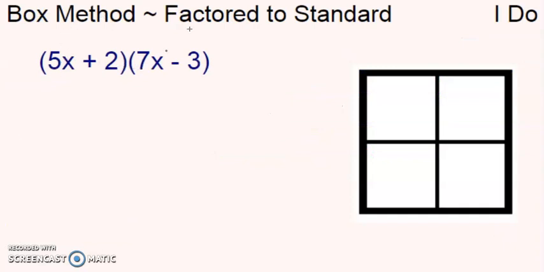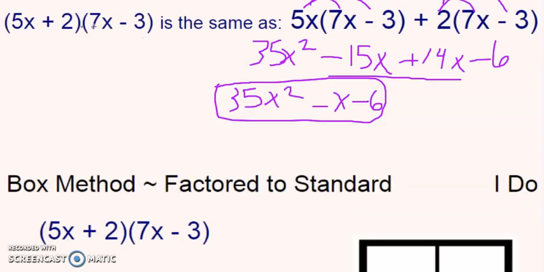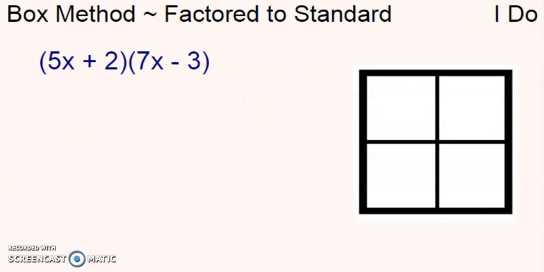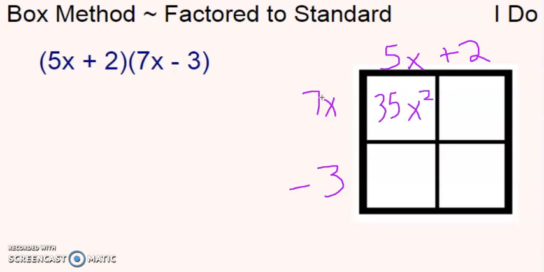Now let's do the box method. We're still doing factor to standard, and we're using the same factors as before. So what we want to do is write the 5x plus 2 on top of the box, and we write the 7x minus 3 on the side of the box. 7x and 5x is 35x squared. 7x times 2 is plus 14x.